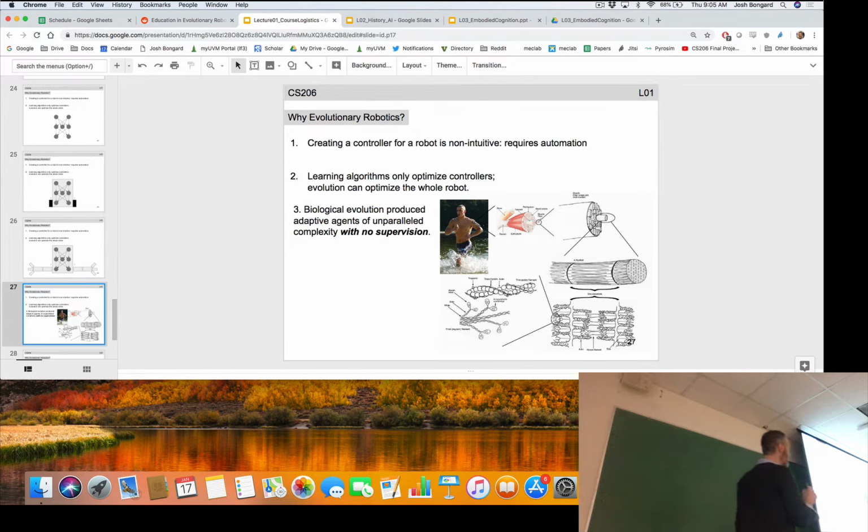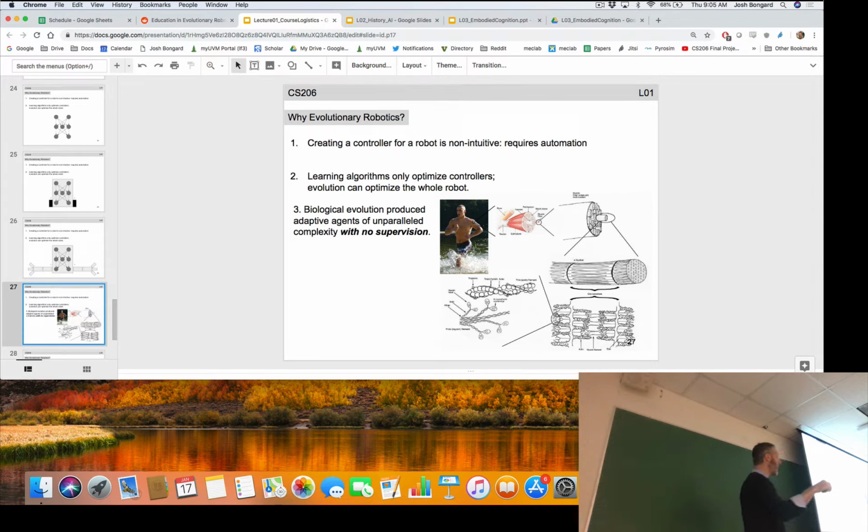So in this course, we're not going to borrow or steal ideas from any one organism. Instead, we're going to steal ideas from the algorithm that produced the organisms. There is a sister field to evolutionary robotics called bio-inspired robotics, which is you pick an organism like a human or a dog, you build it in metal, and then try and get it to do what you want it to do.